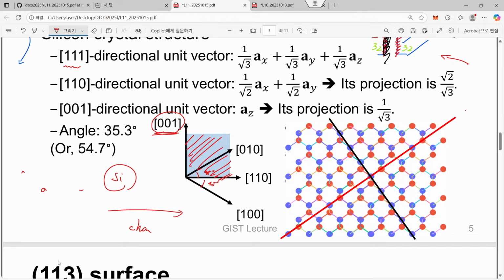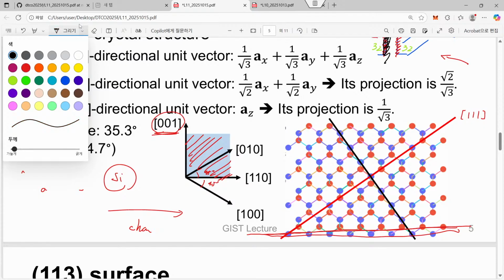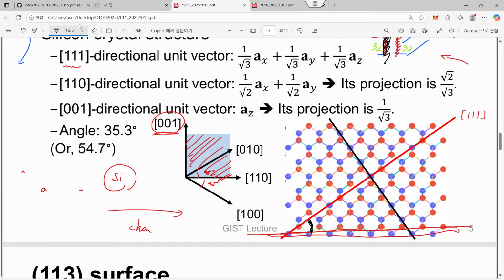When we introduce this one directional unit vector, this is corresponding to our 1 unit vector, and you can see it has a certain angle from our wafer surface. When you calculate this angle, you can find that this is corresponding to 30.3 degree. But actually what we see is not this normal vector.